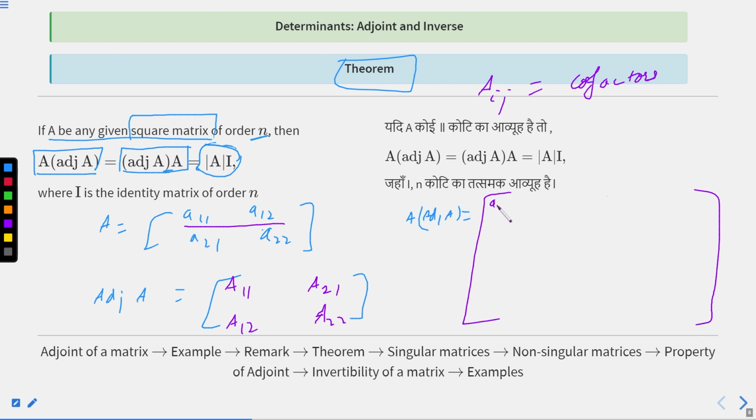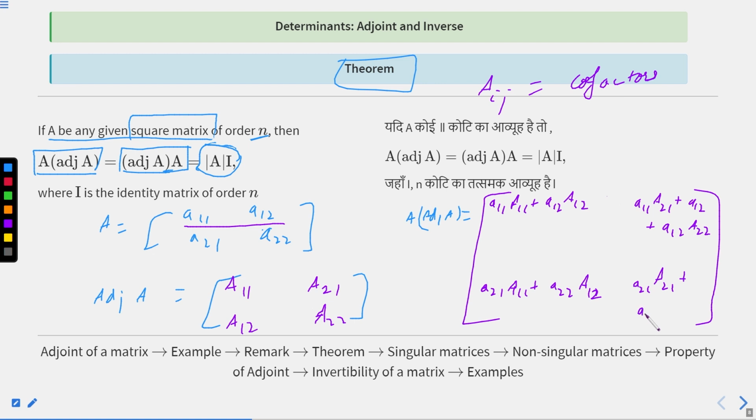The first entry will be a11 capital A11 plus a12 capital A12. Now this will be a11 A21 plus a12 A22. What about this? a21 A11 plus a22 A12. Clear?